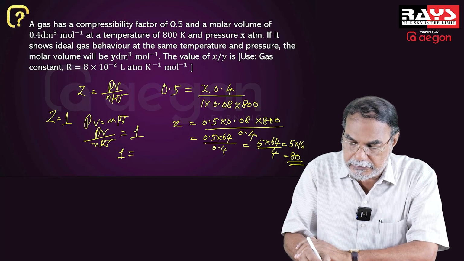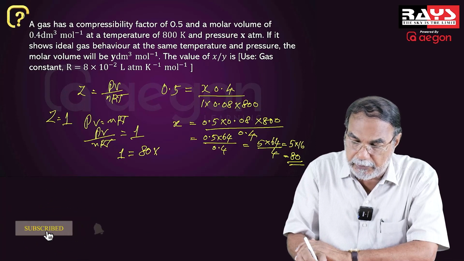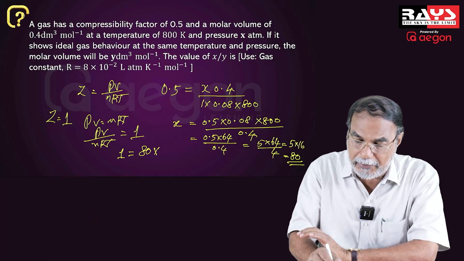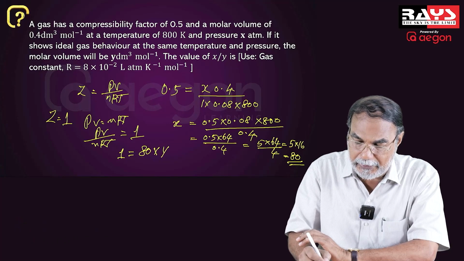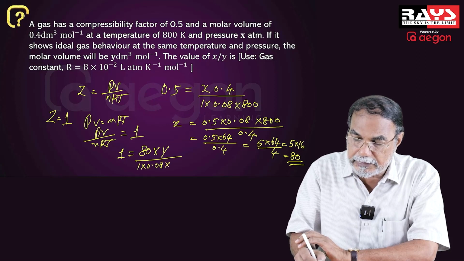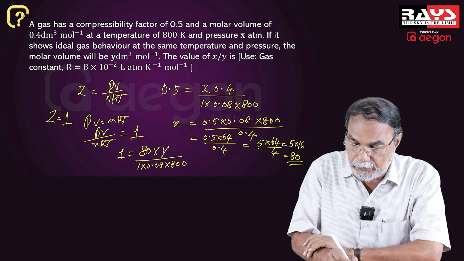The value of X is the same, 80 into the volume V. And here the volume is given as Y dm cube per mole. So you substitute for volume as Y divided by 1 into 0.08 into the same temperature, that means 800. So what is the value of Y?